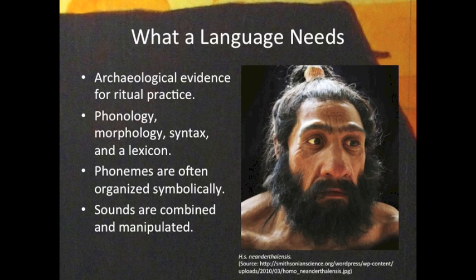So phonemes, or contrastive speech sounds, will most likely be organized symbolically. These sounds would be classified according to what they present or what they are associated with. And then over time, these combinations of sounds must be manipulated in such a way as to really fulfill the communication process.